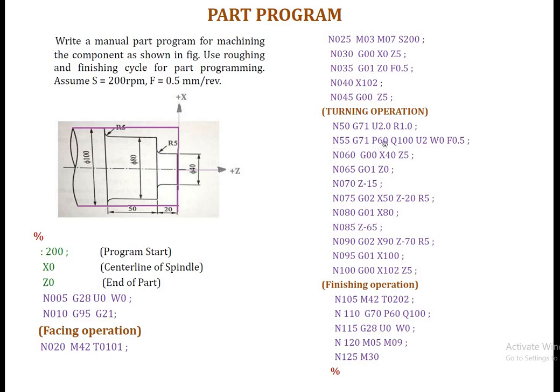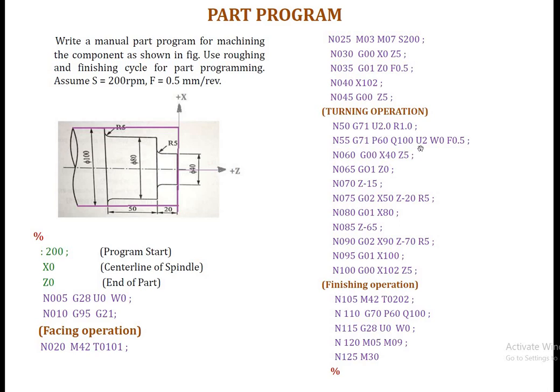P60 represents the sequence number at which the machining begins, so N060. From this block the machining begins, and at N100 machining ends. So I have chosen here Q100. This is the beginning of the machining and this is the sequence number at which machining ends.